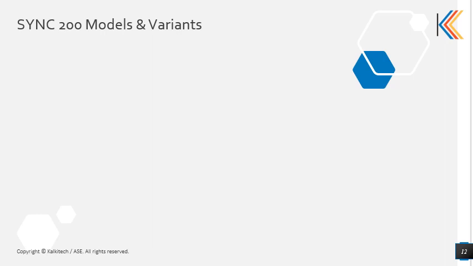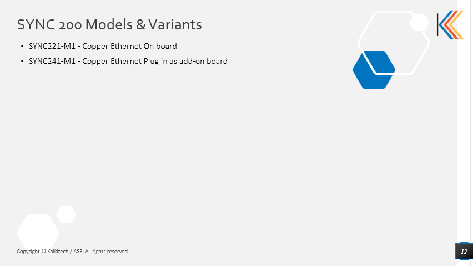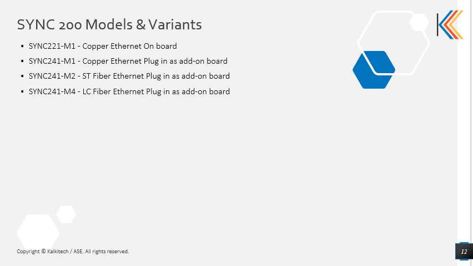Then models and variants, SYNC200 models and variants. So we have the 221, which is the low-end version with copper Ethernet onboard support. Then the 241 has a baseboard, and a pluggable board is also there. On the add-on board you can have copper Ethernet, an ST fiber Ethernet, or even an LC fiber Ethernet. So you can have a baseboard, and depending upon the requirement you can plug the add-on board accordingly with copper, ST or LC.